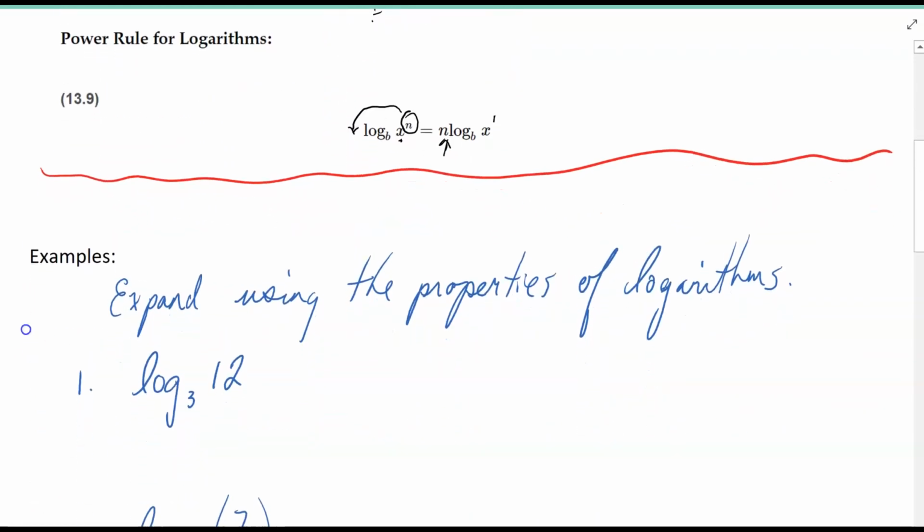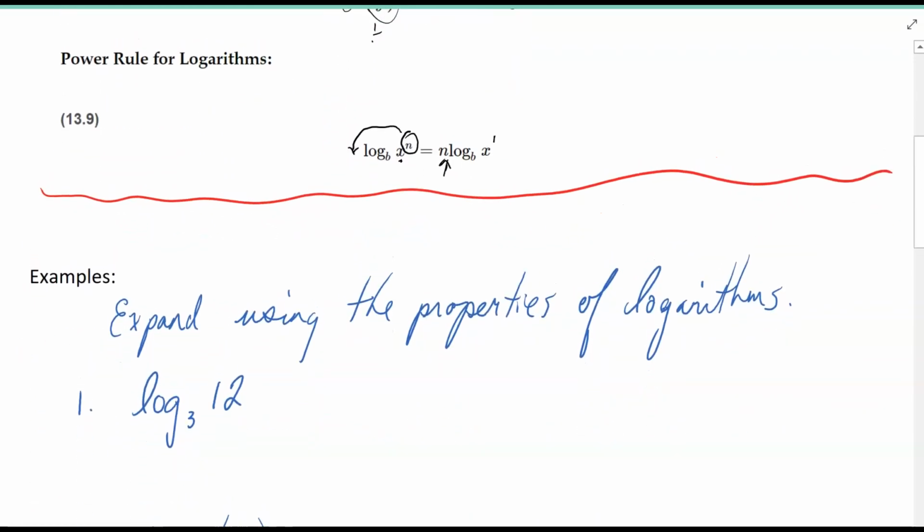Expand using the properties of logarithms. This one would be the product rule. We can expand it into a sum of logarithms, both base 3. I need to factor the 12, and there are different factors of 12, so I'm just going to use 6 times 2. So log base 3 of 6 times 2. Maybe we'll write it without the multiplication sign.